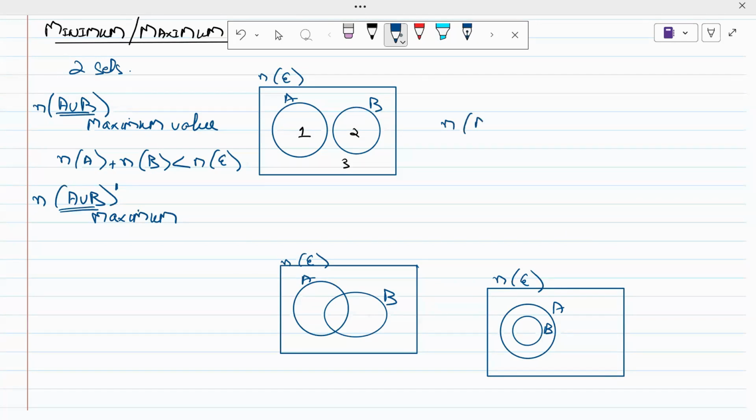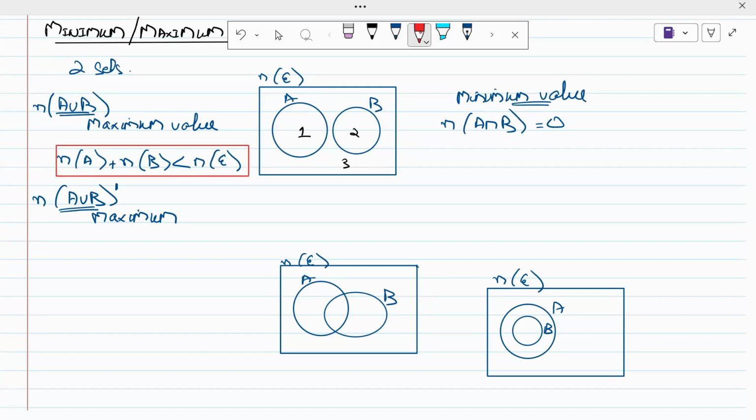N of A intersection B would be a minimum value, and in this case the minimum value would be 0. So for disjoint sets, the least possible value of the intersection would be 0. Remember, disjoint sets only exist when this condition is satisfied. So this is the prerequisite. Always look for the sum of A and B to be less than the universal set.